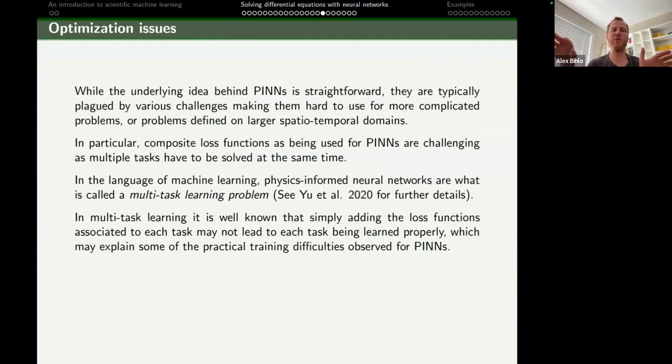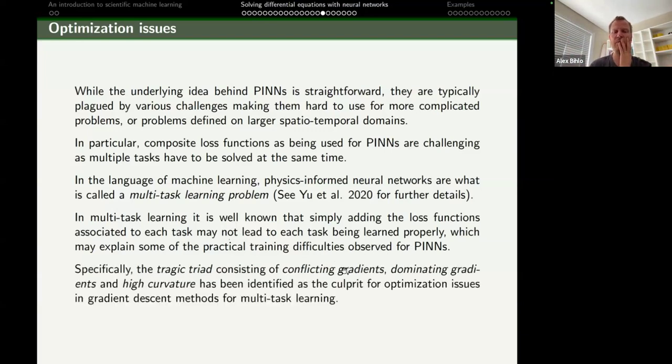Pareto optimization is where you have multiple tasks and you try to find the Pareto optimal front, which essentially tells you that if you try to improve one of these tasks further, it would come at the expense of the other tasks. So there is some sort of optimality over all tasks. And it's not guaranteed that you find this optimality by just minimizing this composite loss function.